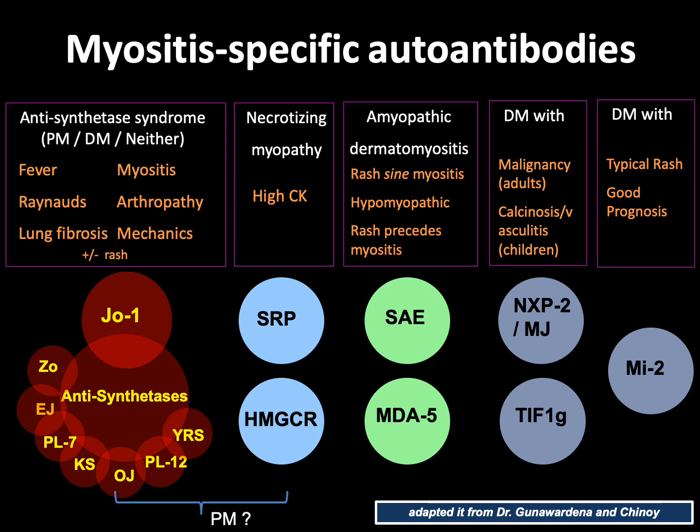So in the first column I've shown anti-synthetase clinical features as well as autoantibodies associated with it, followed by necrotizing myopathy and the autoantibody associated with it, followed by amyopathic dermatomyositis and the autoantibodies associated with it, followed by dermatomyositis associated with cancers, underlying cancers and calcinosis or severe skin rashes, and the autoantibody associated with it. And last but not the least is dermatomyositis associated with good prognosis overall.